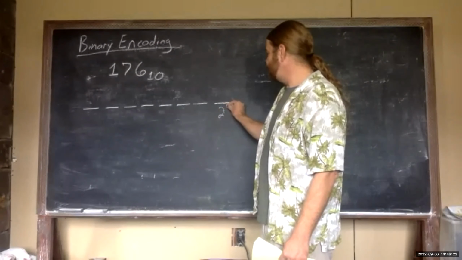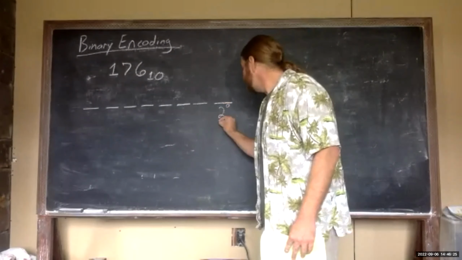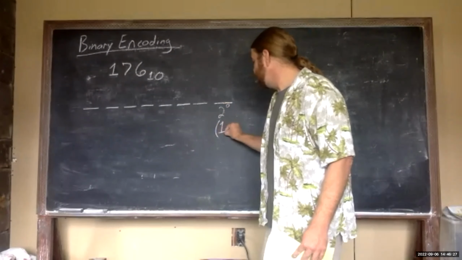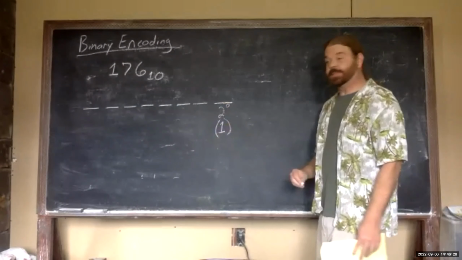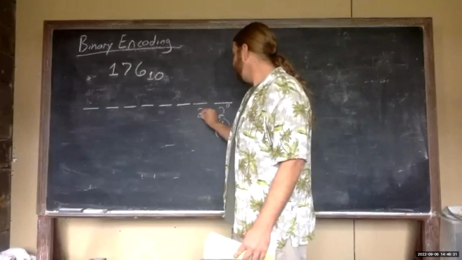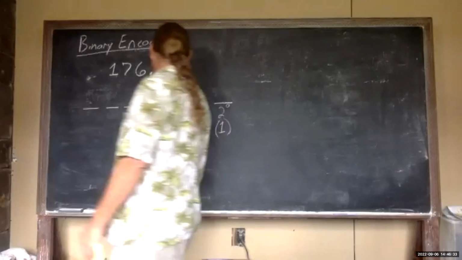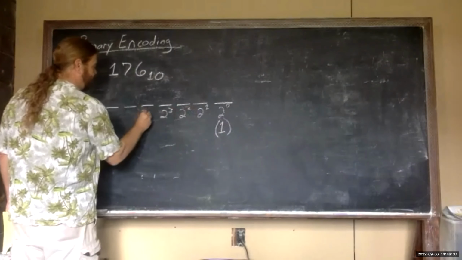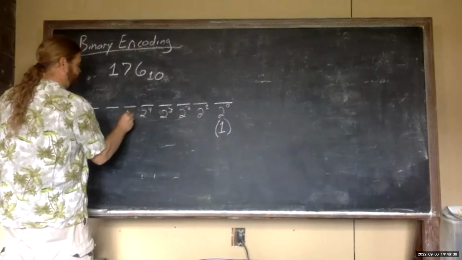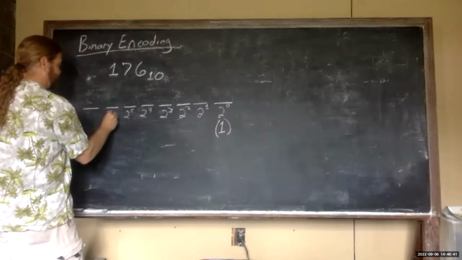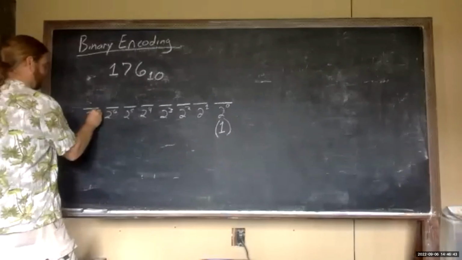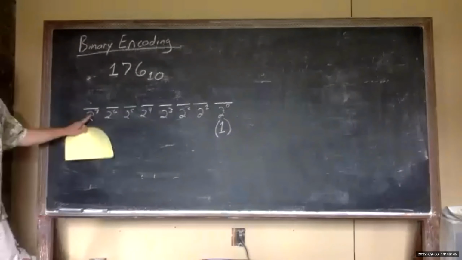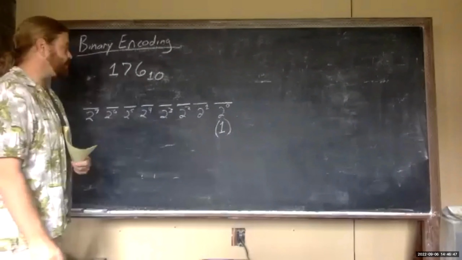Again, we have a 2 to the 0 column, which we just have a rule that anything raised to a 0 power is always going to be a 1. Then we have a 2 to the first column, 2 squared, 2 cubed, 2 to the 4th, 2 to the 5th, 2 to the 6th, 2 to the 7th column, and we can keep going as we need more.